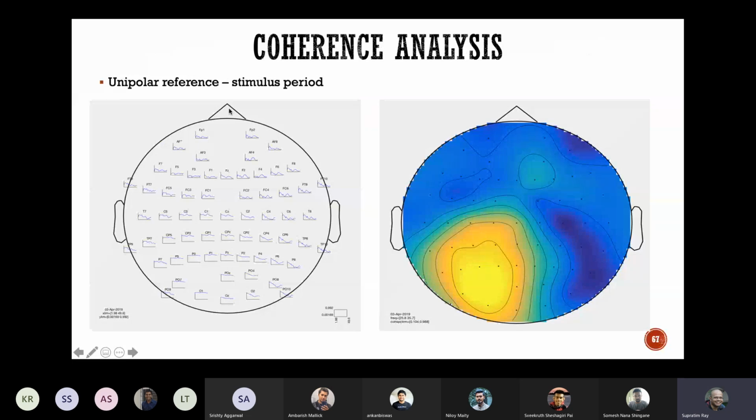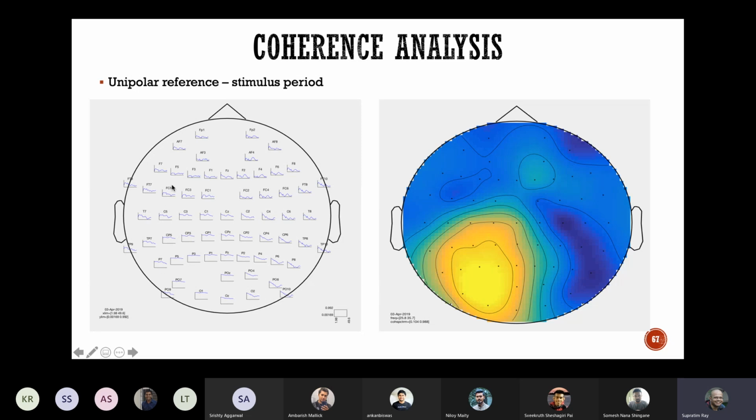So here, this is what you get from FieldTrip. You can see that each of these traces is the coherence between electrode 61 and that particular electrode. It's placed at the location. So 61 is trivially 1 at all frequencies, so I'm not showing that.